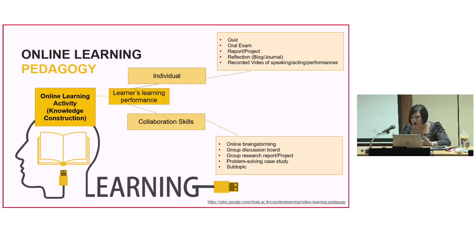You use a program in cloud computing, such as any meeting program, for group discussion and brainstorming. For groups, you can use group research or report and project, and you can use a problem solving case study or subtopic.